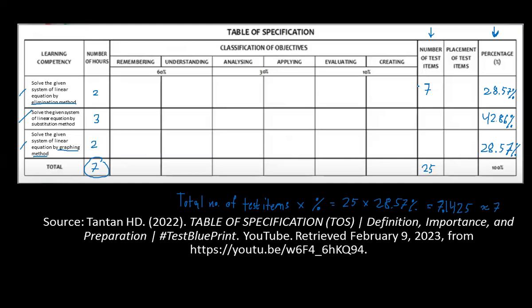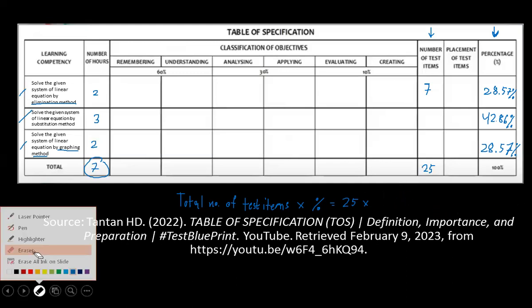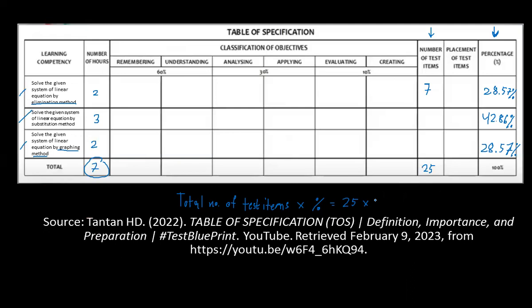Now, the next thing is, punta naman tayo sa second column. So, ganun din. Okay? The same thing, multiply mo yung total number of test items sa kanyang percentage. So 25 times 42.86%. Lagay natin dito 25 times 42.86%. Okay? So, to multiply this, nasabi ko na yun.